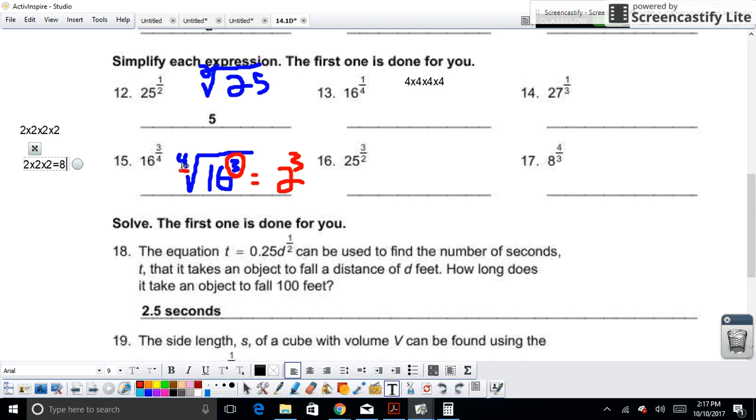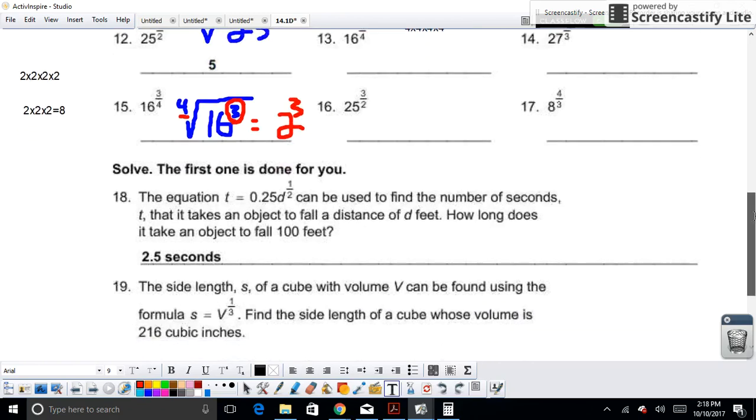Go ahead and figure out the root and then put the exponent on your answer. Do it that way. Why? Because on this one, you're going to have to do 25 to the third power. That's a large number. 8 to the fourth power, 8 times 8 times 8 times 8, that's some large number. So instead of dealing with those big numbers, take care of the root first. So do 16 and 17 just like I did 15.